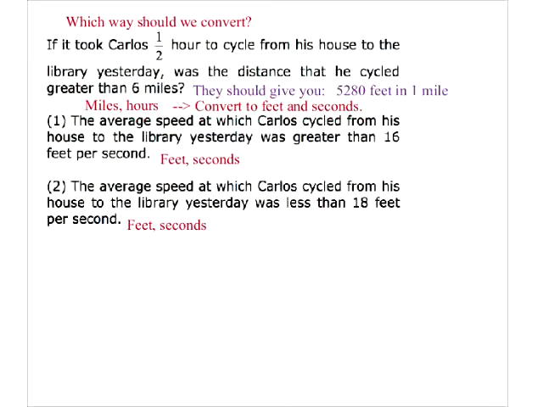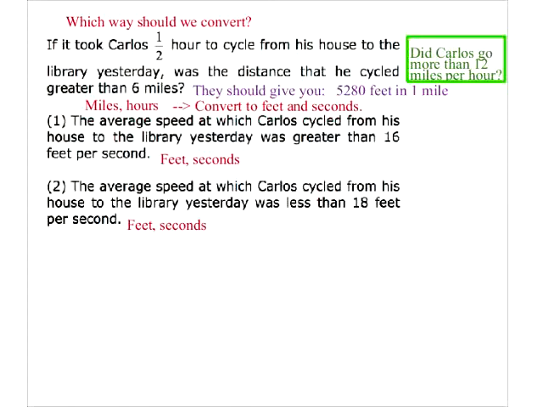So this is 6 miles per half hour, so that's 12 miles per hour. So the question is, did Carlos go more than 12 miles per hour? So we need to convert 12 miles per hour into feet per second. We have covered unit conversions in the study hall.